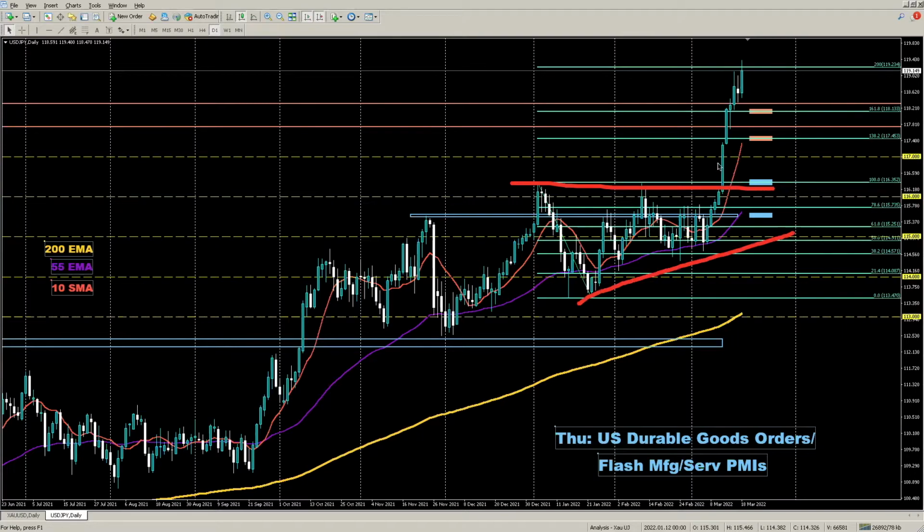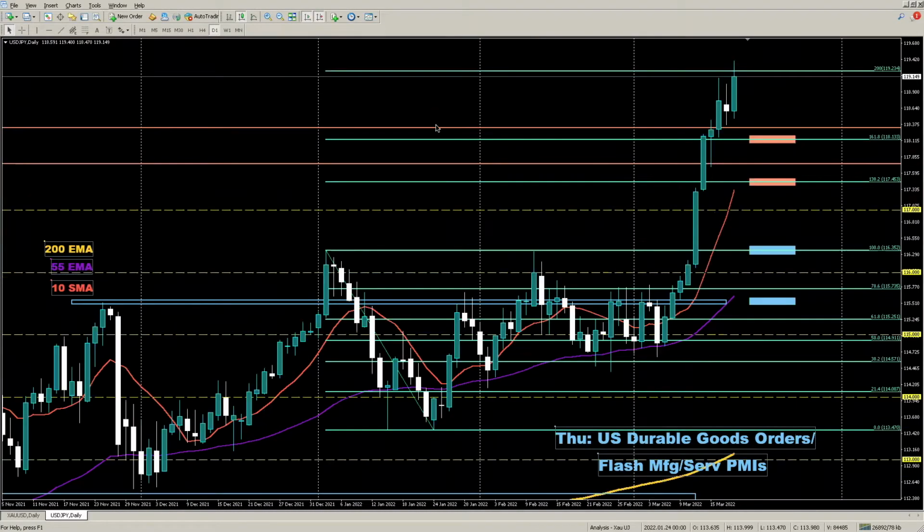Since it broke out at the end of the previous week, it has been on a bullish tear and finally hitting the 200 FIB extension. That's double of this move here. So there's a reversal extension here, and it went right through the resistance zone.